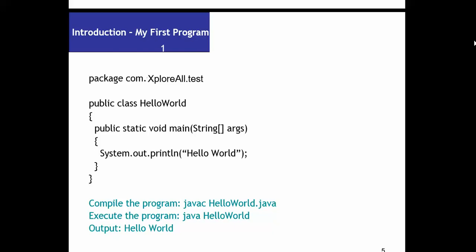Next, what is meant by static? As you know, I told you that Java is object oriented programming. So whenever your JVM is executing something, it will look for objects. Every method must have an object. If you want to execute any method, it should have an object, right?